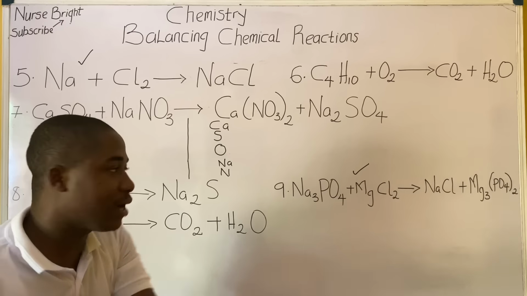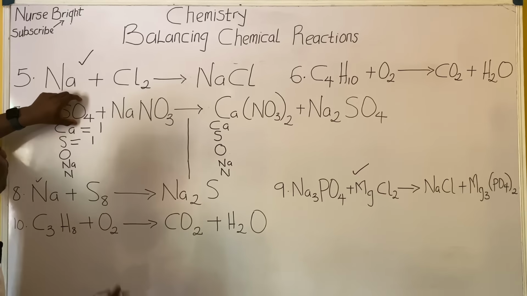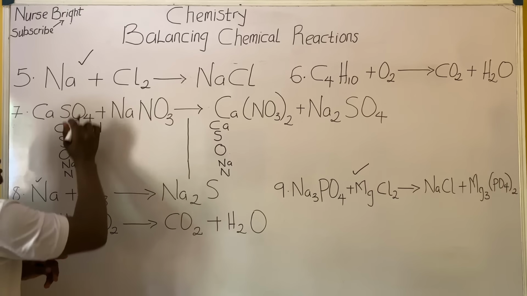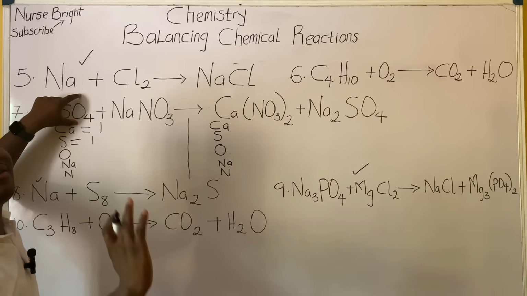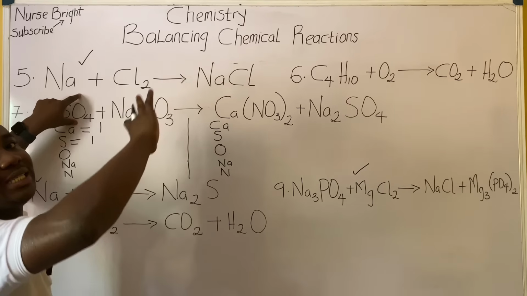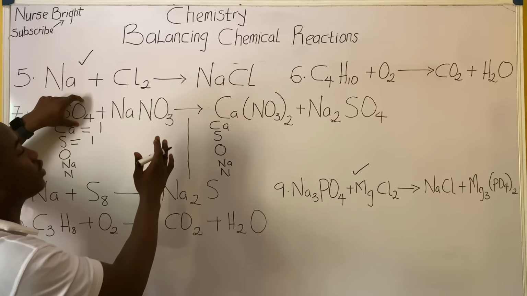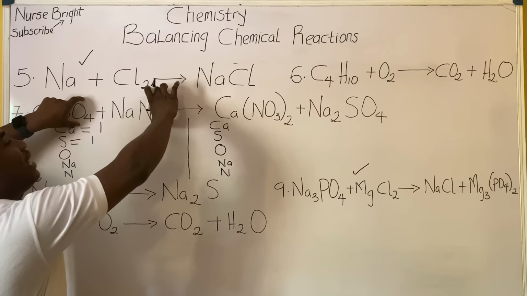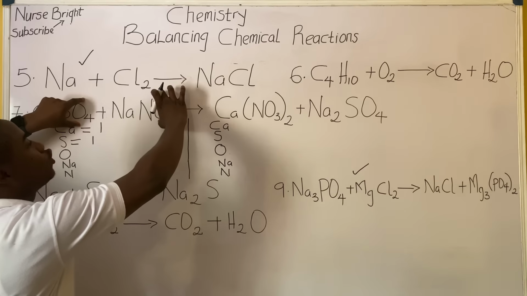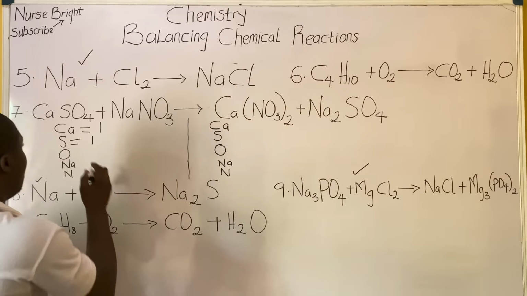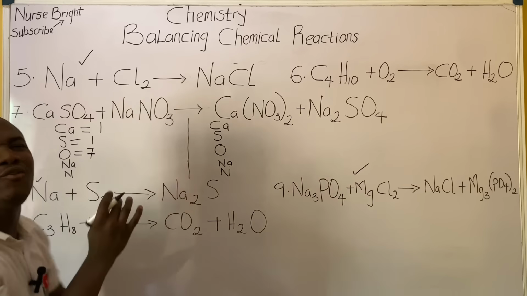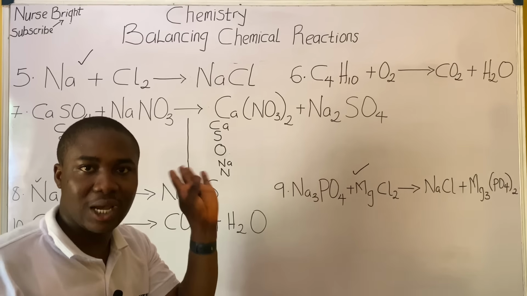At the left, let's check for oxygen. At this particular part of this compound, oxygen is 4. Listen, oxygen is 4. Whenever we have oxygen in different parts of this reaction, because I can see oxygen here and another oxygen here, we're having 3. So you add them. So 4 plus 3, what's that? That's 7. So altogether, I'm having 7 oxygen atoms at the left-hand side of this reaction.